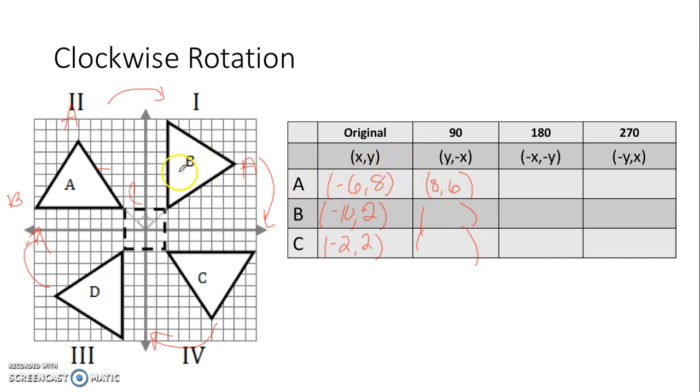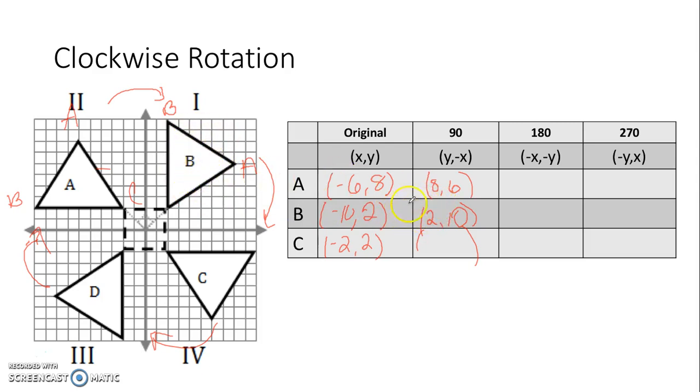Let's do the same thing with B. B is right here, and as we rotate it, B is going to turn out to be up here. So we are flipping the two numbers, x and y, and they're both going to be positive because it's in quadrant 1.